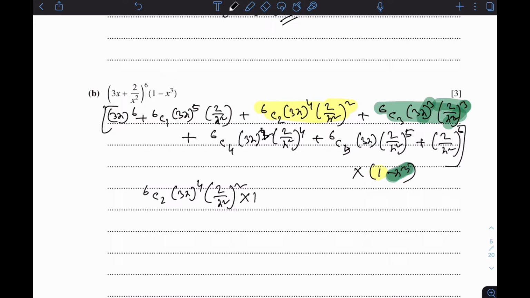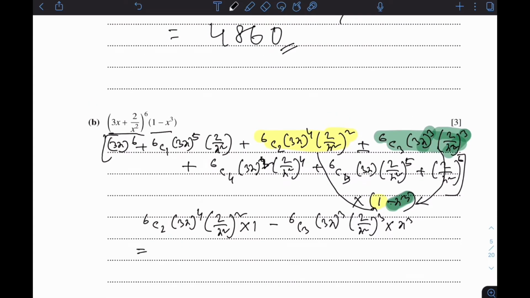Another one is minus 6C3 (3x)^3 (2/x^2)^3 into x cube. Since there should be plus, minus, plus, and minus, if you multiply, it will be minus. I have already got this one. This one's answer is 4860.